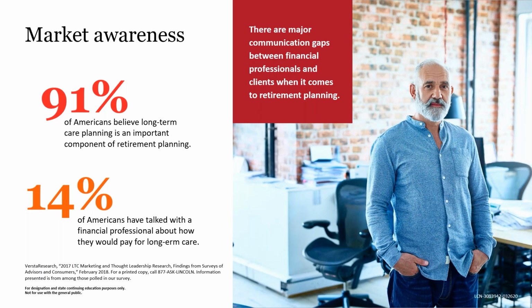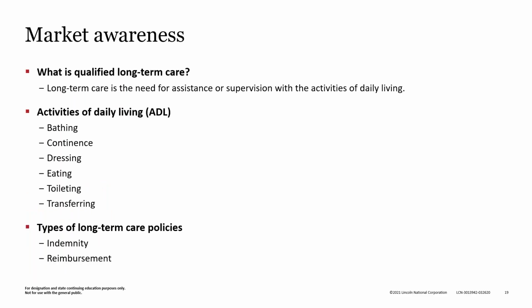Would we be open to having a loved one come live with us? And for a lot of people, of course, we would do anything to help our loved ones, but are we capable? Are we working full time? Do we have space in our house? Is our home friendly? Do we have a ramp? All of those things are important considerations when we think about planning for long-term care.